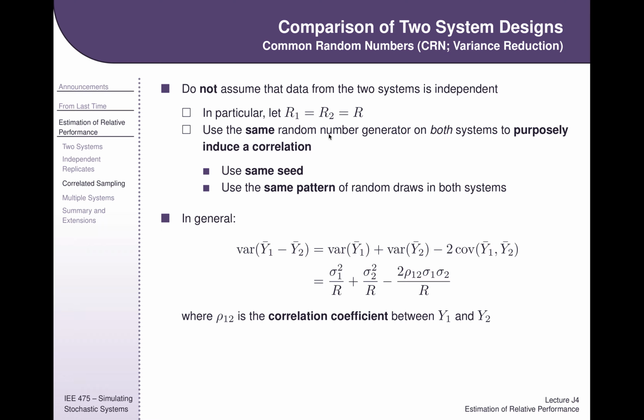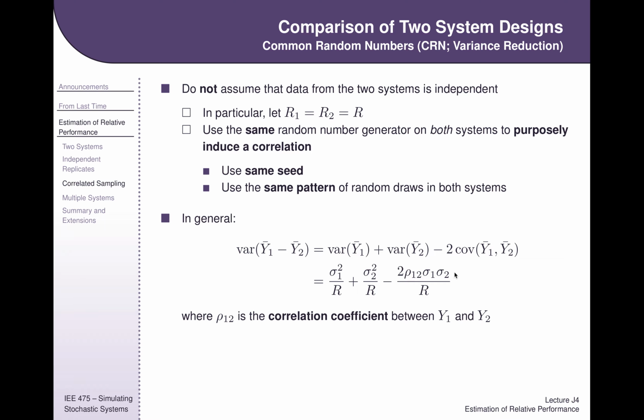So what I'm basically saying here is we know this variance here, this is the variance in the difference of the means. When these two are independent, it's just these two terms, but in general, it's these two terms minus 2 times this covariance term. The covariance is just a measure of the correlation between these two variables, y1 bar and y2 bar.